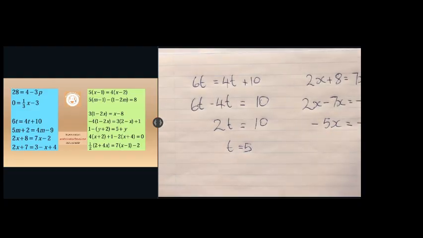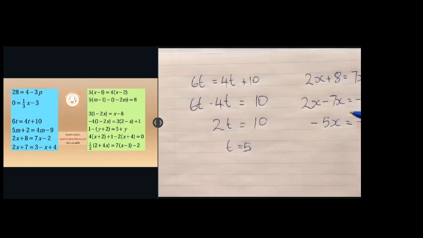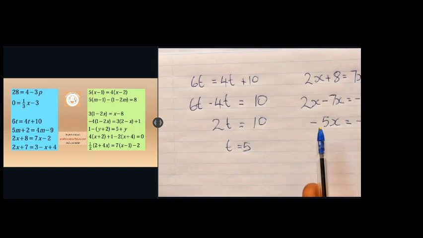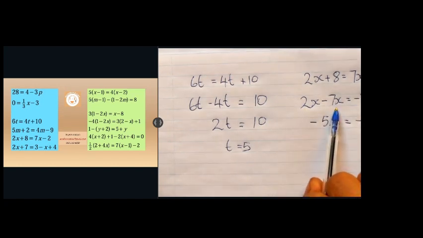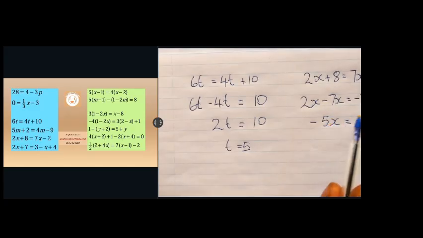Okay, so in my mind, I know what I've done here. So I don't need to do those long processes. So all my variable terms are leading. They are on the left, and then these ones are there. Then I can say -5x is equals to -10. x is equals to 2.